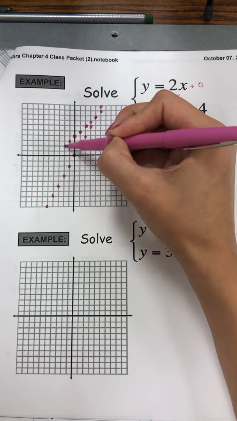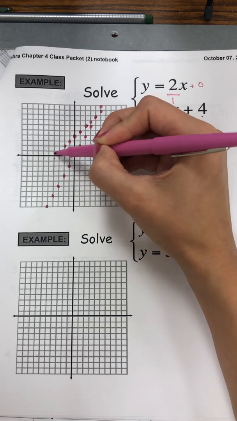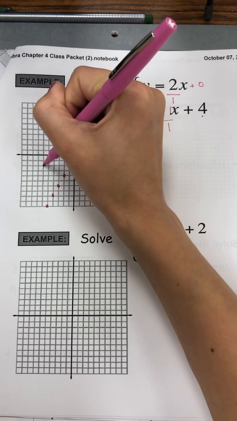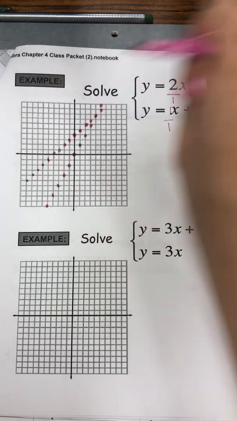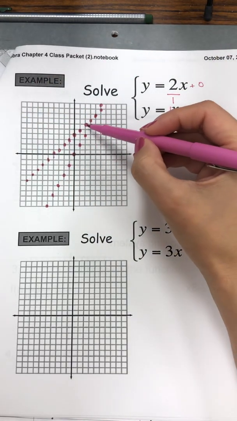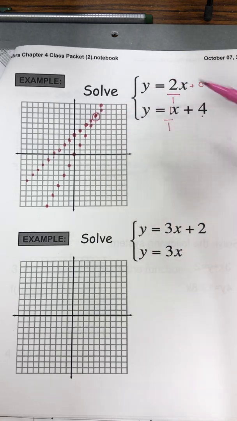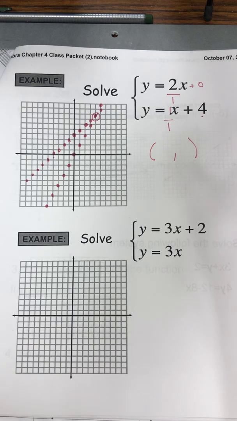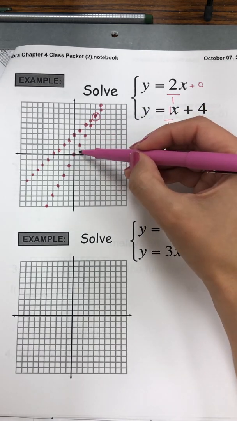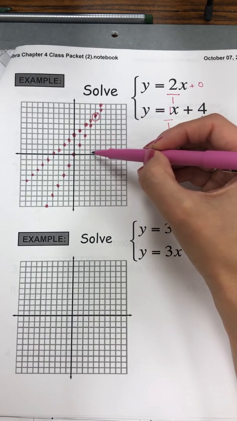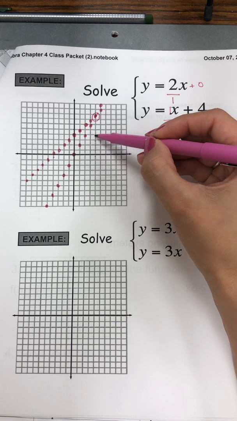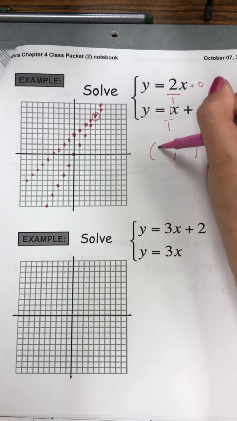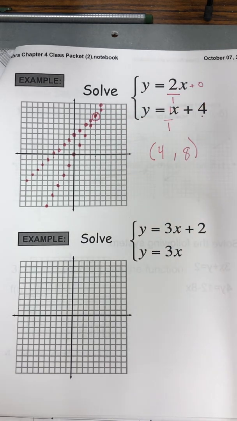I'm going to go backwards to fit more points. Now, you can see that they cross right here. That is your answer, and the answer is going to be actually the point where they intersect. So that would be at the point positive 4 over, up 8. So 4, 8 is your answer.